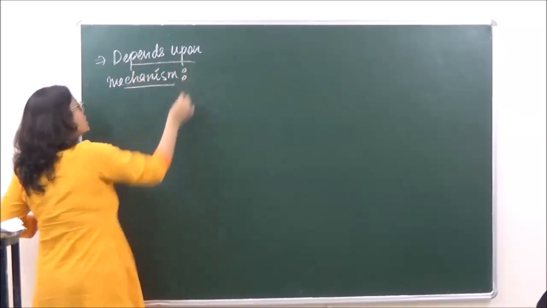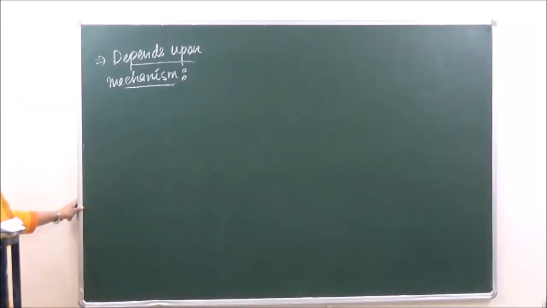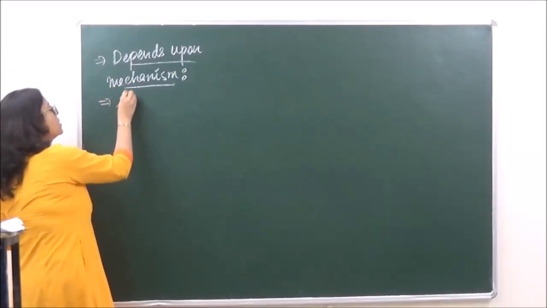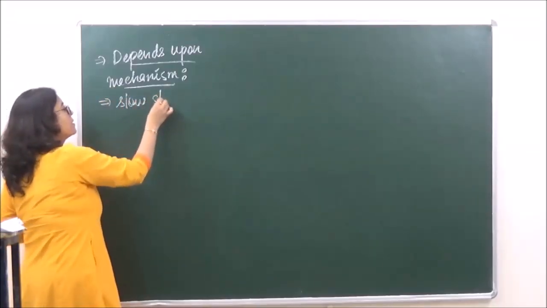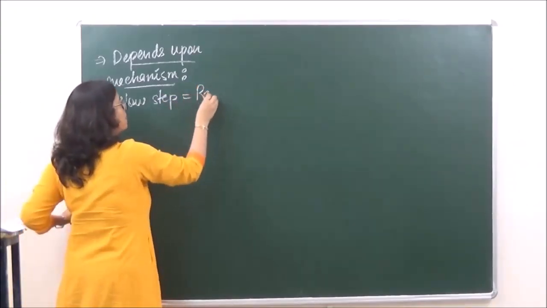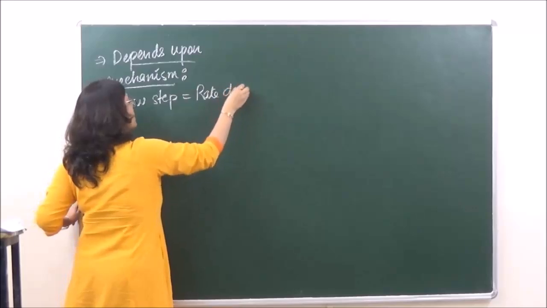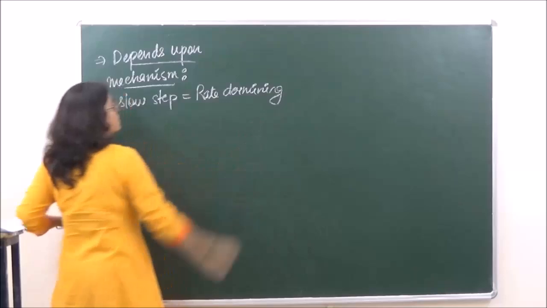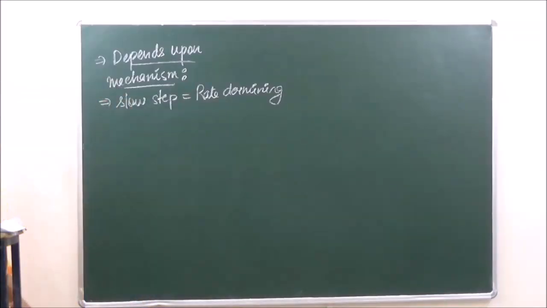If the reaction is proceeding in more than one step, then the slow step is going to be the rate determining step.